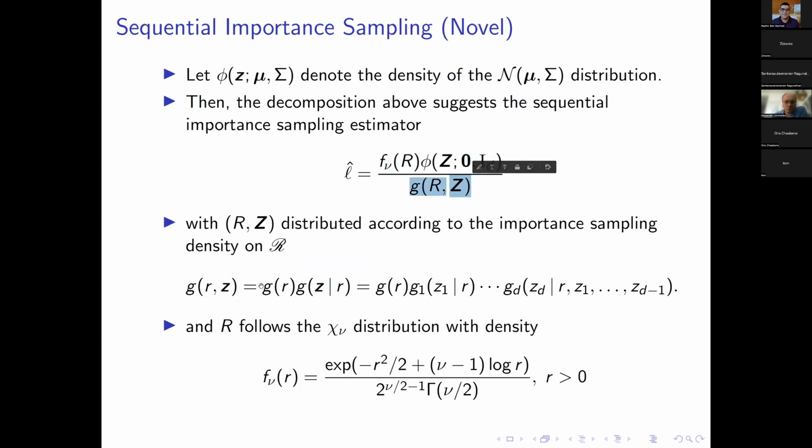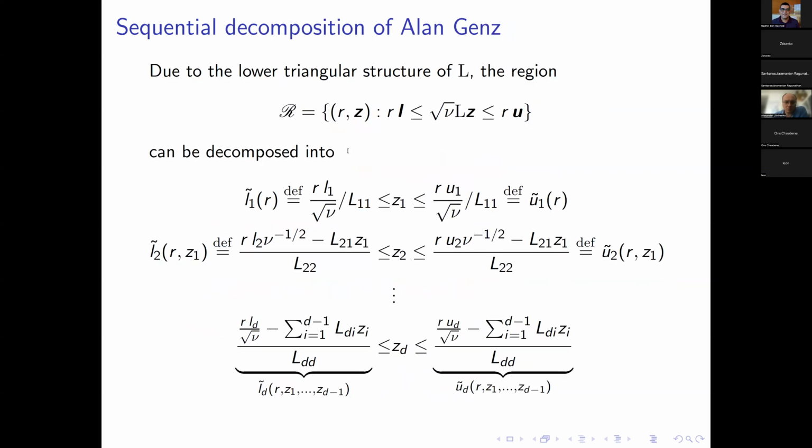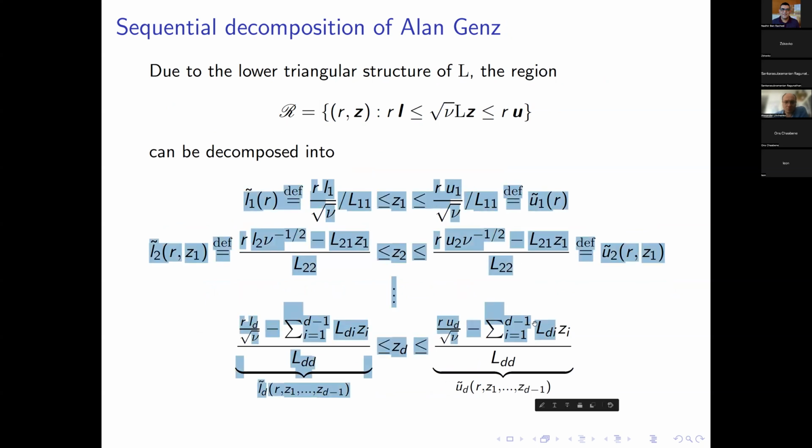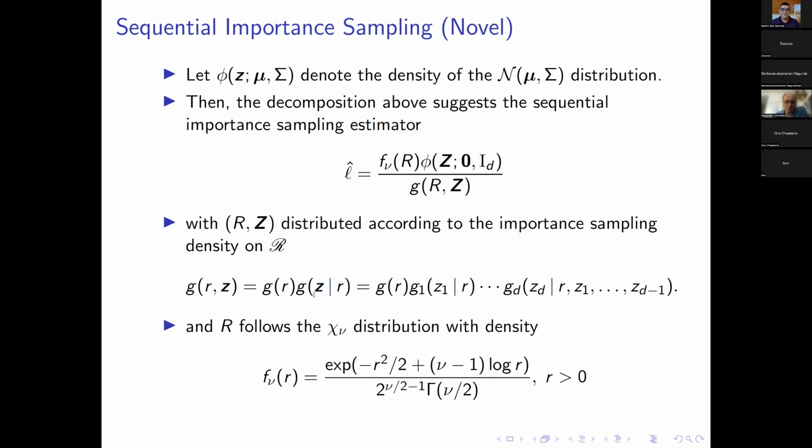And that density will be inspired by the idea of Alan Genz, which is that we have this sequential decomposition of the region. So our importance sampling density will have this sequential decomposition. First, we sample R, then we sample Z1 given R, then we sample ZD given R, Z1 up to ZD minus 1, and so on.